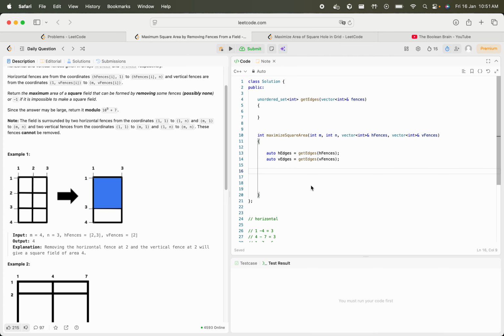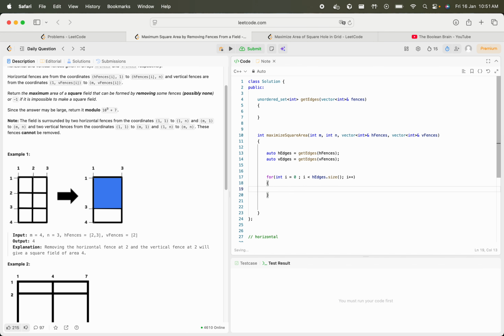Now once I have all the edges from horizontal as well as vertical, I basically want to iterate on one of the edges. For i equals to 0, i less than size, i plus plus.